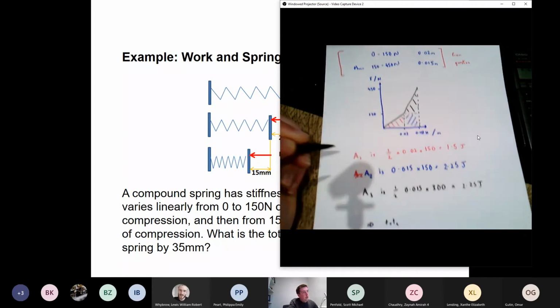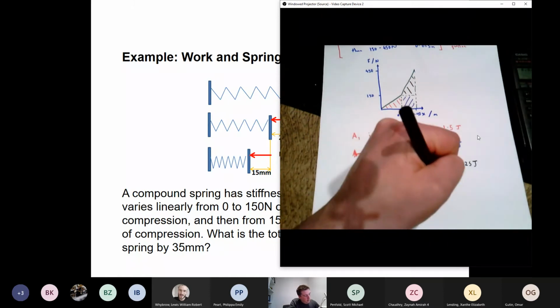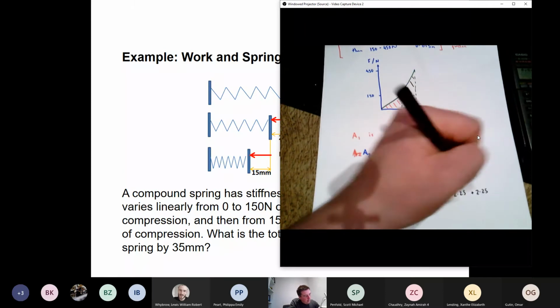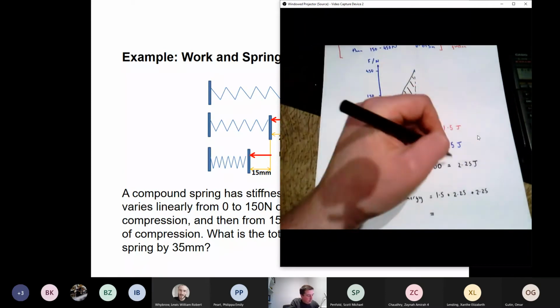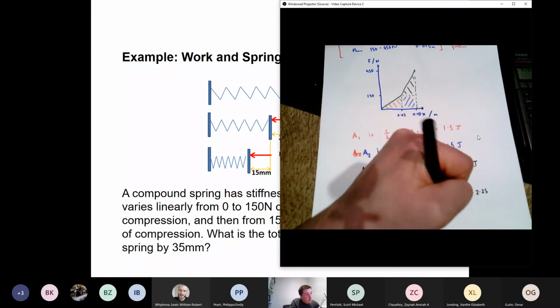So the total energy is 1.5 plus 2.25 plus 2.25, which equals, that's 4.5 plus 1.5 is 6 joules.